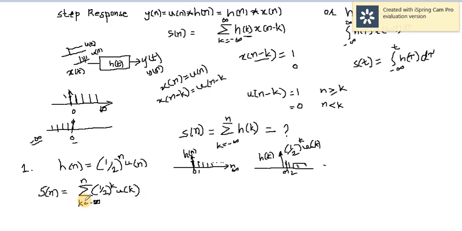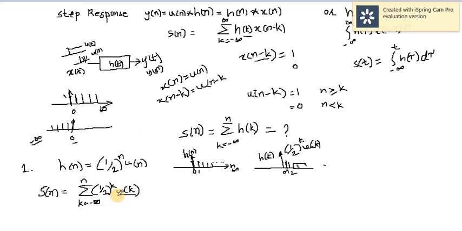Now when we go for solving this one, as u of k is multiplied, the k from minus infinity to n will not take place because our signal is just running from 0 to infinity. Even though the h of n minus k, that other signal, is on the other side, it doesn't make any difference.